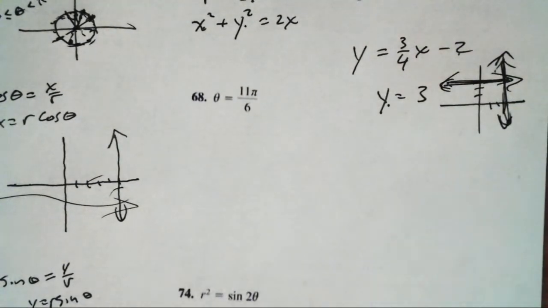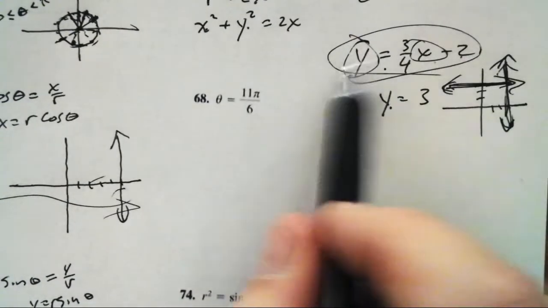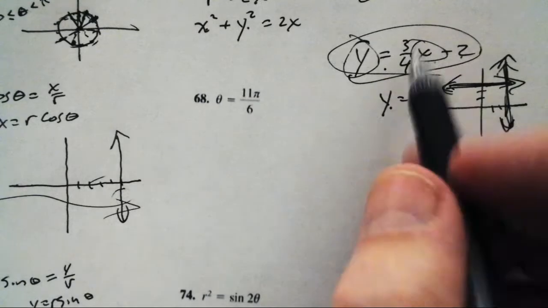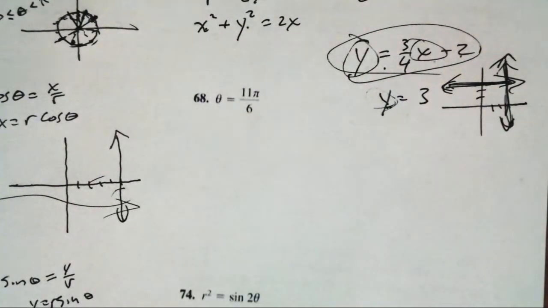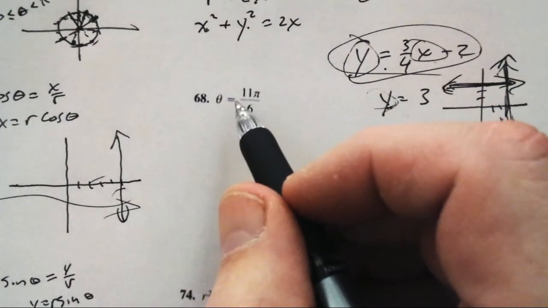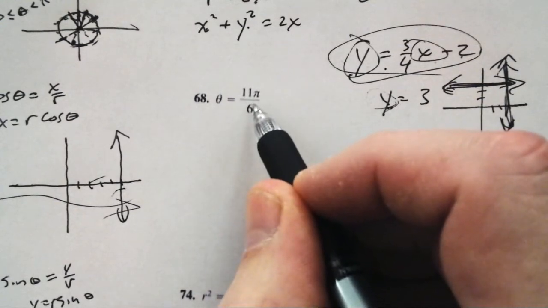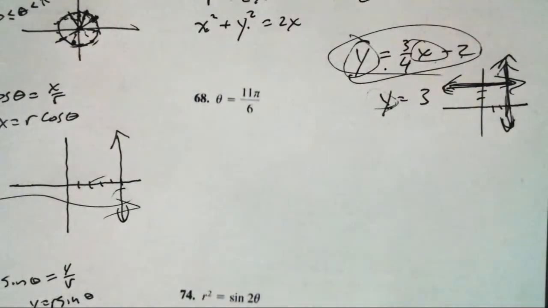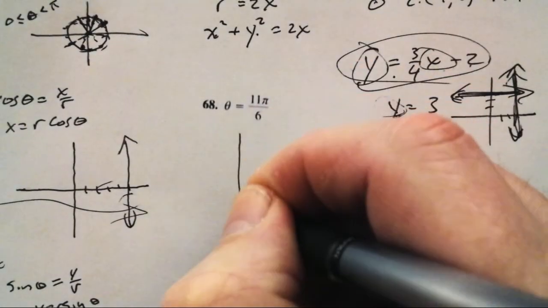My point being, we get good at the hard stuff that has both variables involved, and then we're not so good when we only get a single variable. Same thing here. What does this mean in terms of my rock and my chair spinning? This means I'm going to spin 11/6 pi, but I can throw the rock any distance I want facing 11/6 pi. I'm going to draw this.